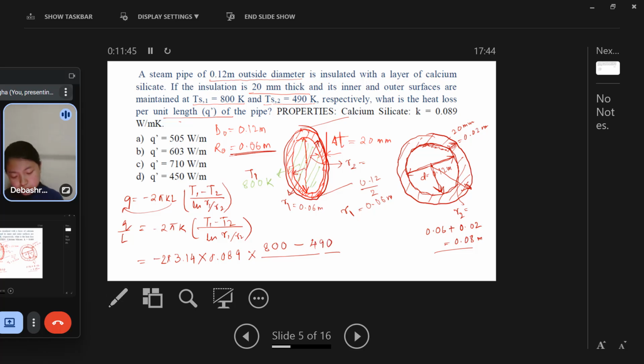And then ln of R1 by R2. R1 is the inside radius, that is 0.06, divided by the outside radius, 0.08. So just calculate which option it is coming to.